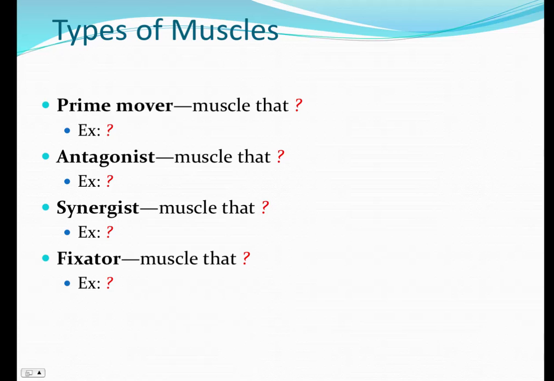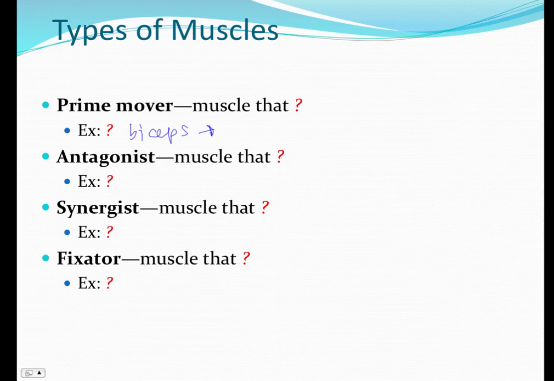Now let's look at the different types of muscles. So we have a prime mover, which is a muscle with a majority of the responsibility for a certain movement. A great example is our biceps. As we contract our biceps, what happens? Do we increase the angle of our arms? Do we decrease the angle of our arms? Good. So we're going to decrease the angle of our arms.